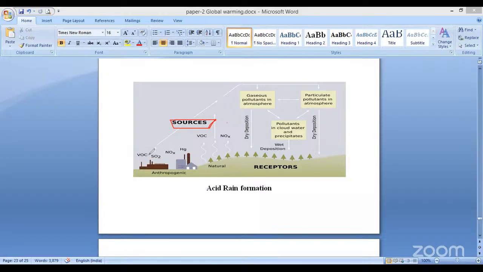First one is the volatile organic compounds.